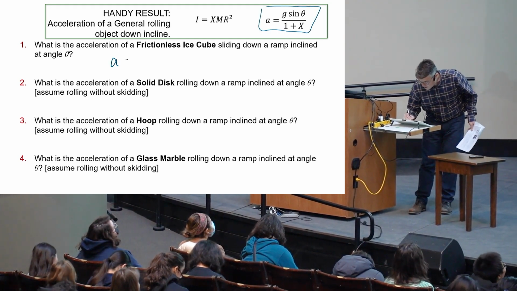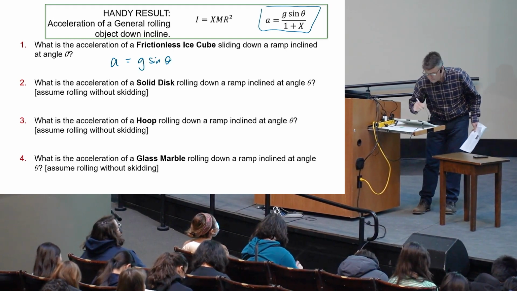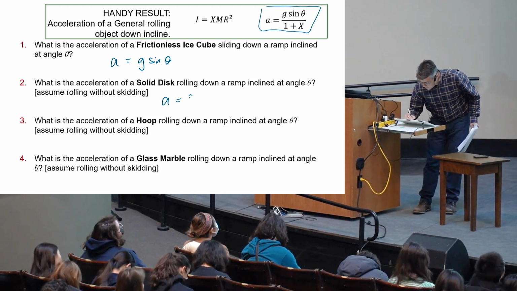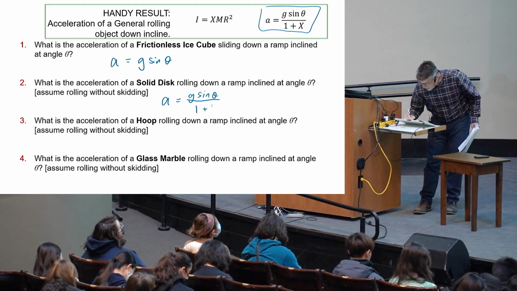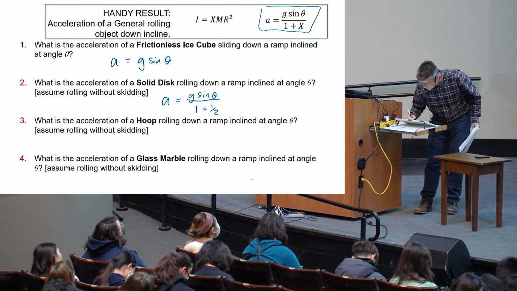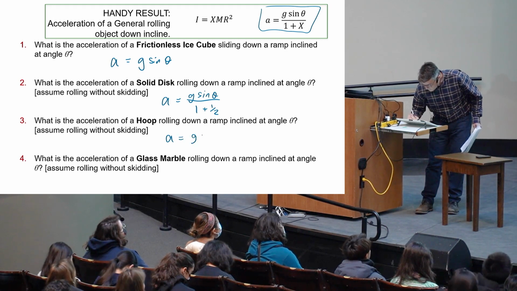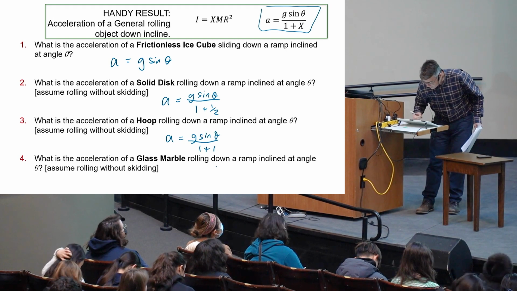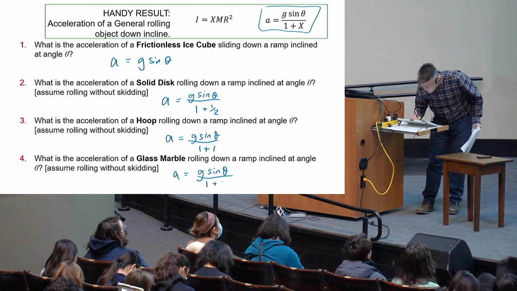Frictionless ice cube was just A equals g sine theta, because there's no friction. If there's friction, then the solid disk will be A is equal to g sine theta divided by 1 plus a half. And then the hoop will be g sine theta divided by 1 plus 1. Or a glass marble will be A equals g sine theta divided by 1 plus some other fraction.